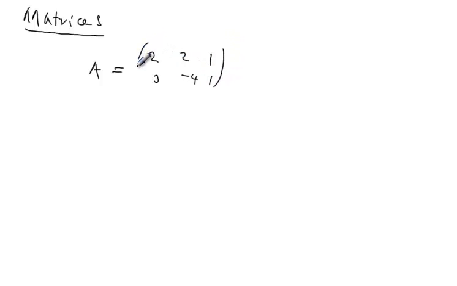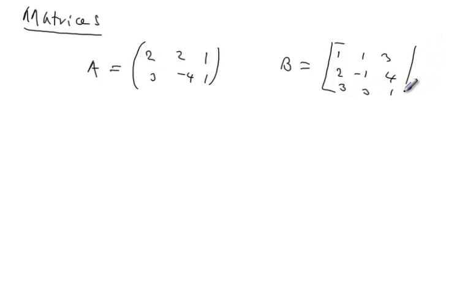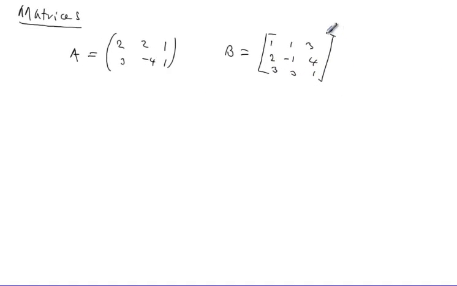That's a rectangular matrix. But if you've got one matrix like this, let's say 1, 1, 3, 2, minus 1, 4, 3, 3, 1, then we call that matrix a square matrix.